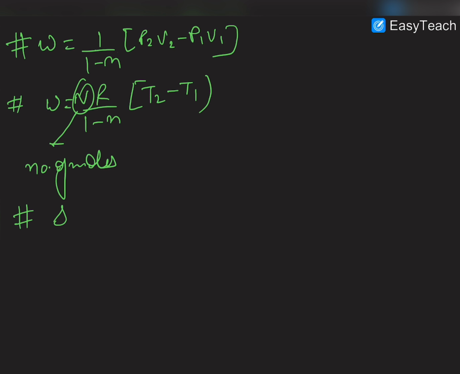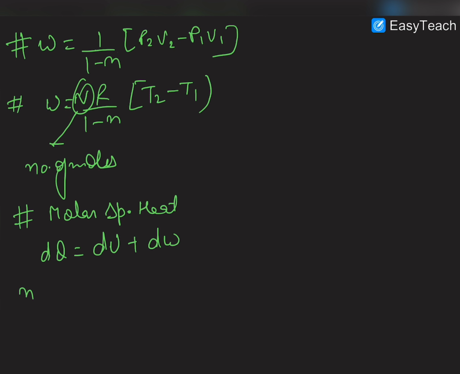So this is the work done in this process, and the most important thing in the polytropic process is the specific heat. So let us discuss the molar specific heat in polytropic process. Molar specific heat can be derived by first law of thermodynamics, which says that dQ will be equal to dU plus dW.